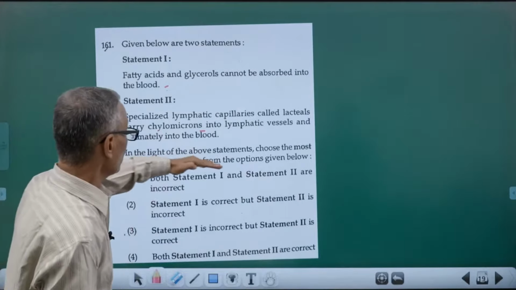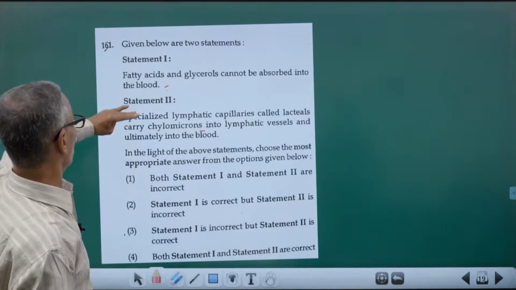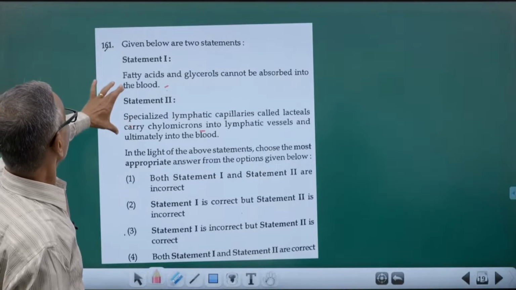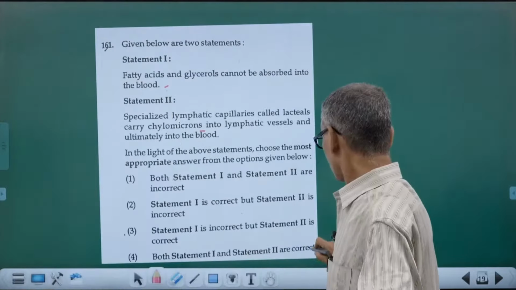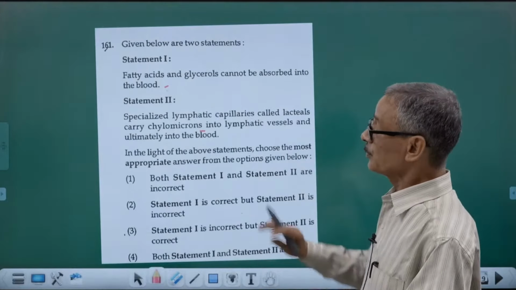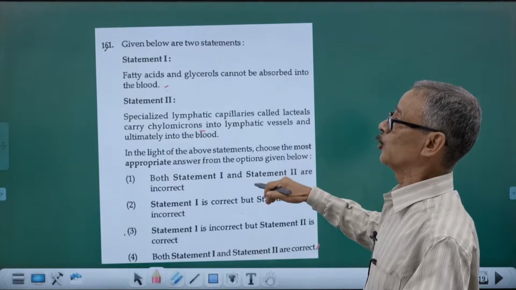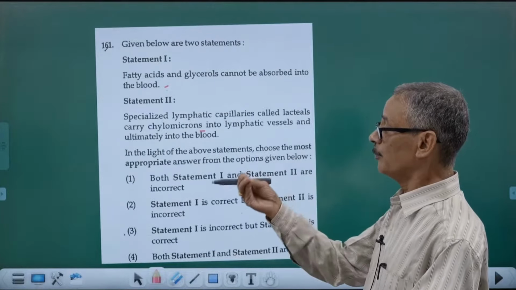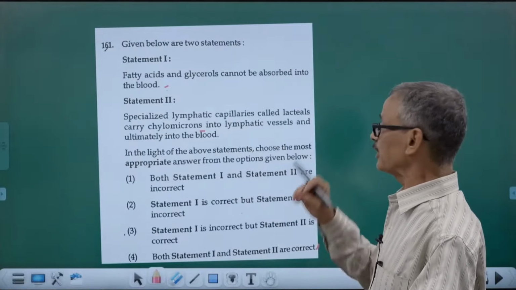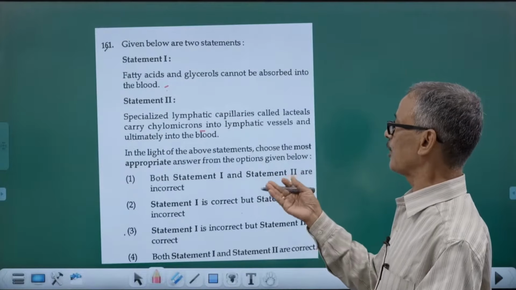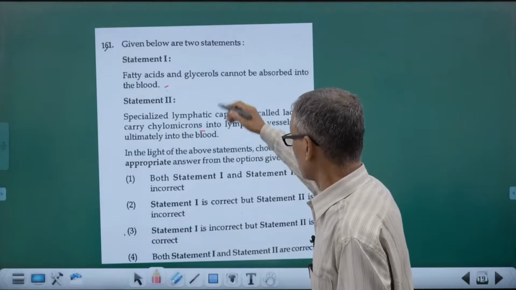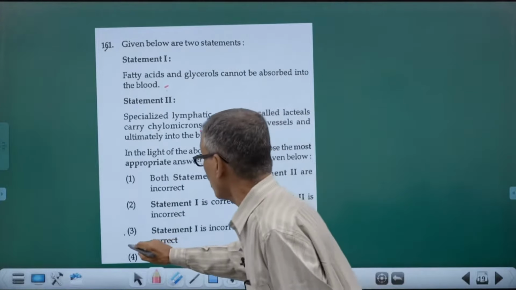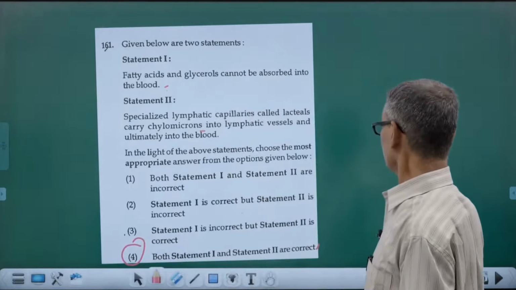So, in the light of the above statement, choose the most appropriate one. We are having two statements. These two statements are all correct. Fatty acid is indirectly entering into the blood. For that, we make use of the lymphatic system. Only through the lymphatic system it is entering into the blood. So, both statements are correct. So, we have to mark 4 as the correct one.